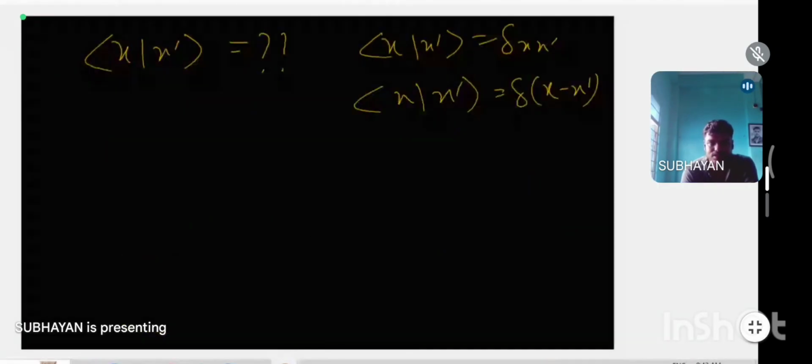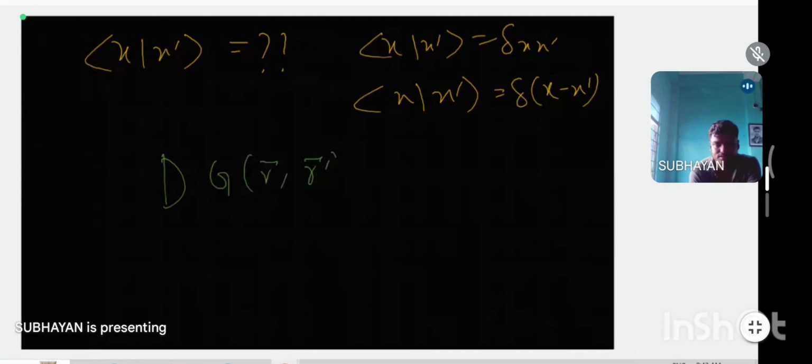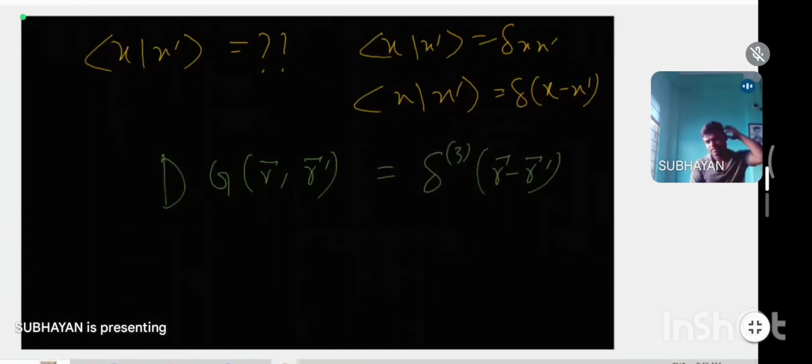And in 3D also, D of G(r, r prime) will be the three-dimensional delta function, delta cube (r minus r prime).